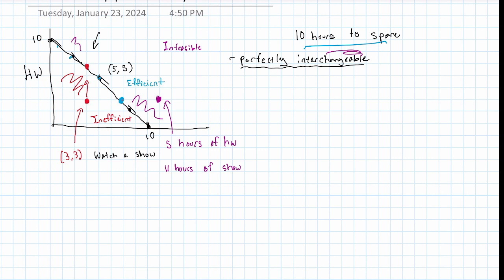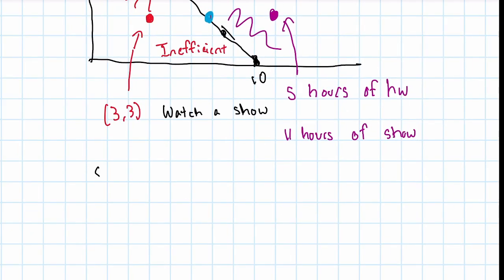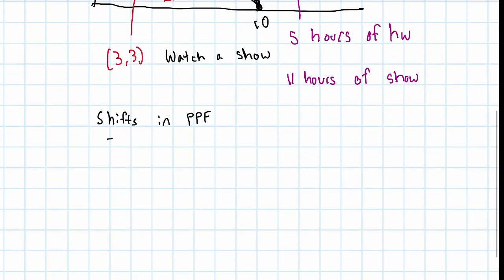And typically what could cause a shift in the PPF is tech advancements, as I mentioned before, like if we had some sort of time machine or some way to do homework faster, so that we don't have to spend a full hour doing homework, and we could do homework in half the time, or maybe just watch shows at 2 times speed, things like that.